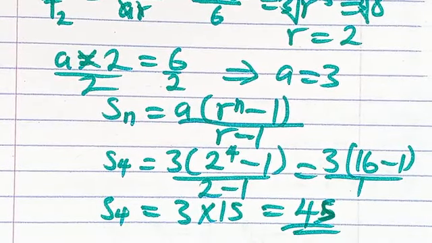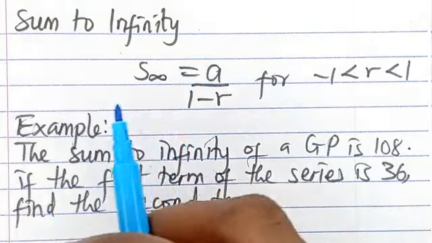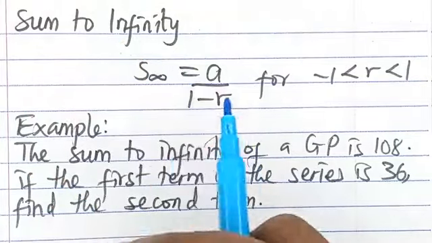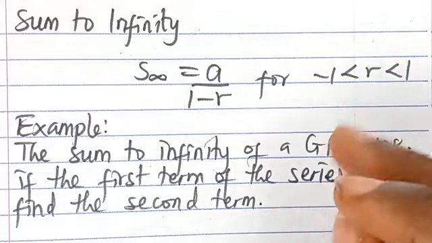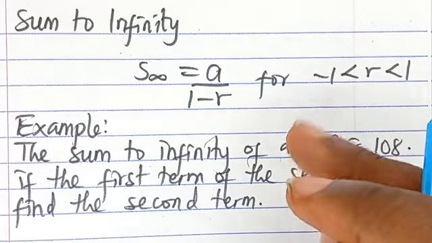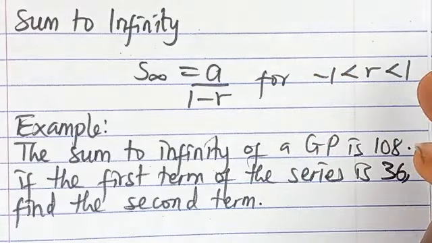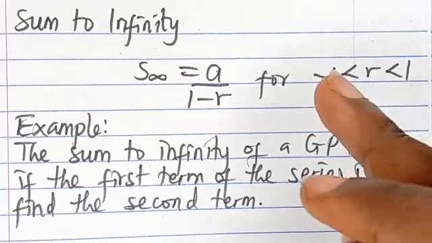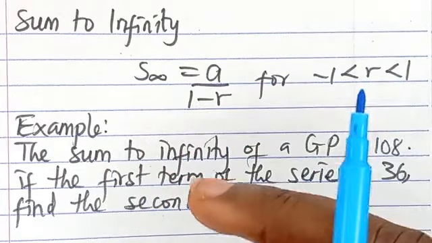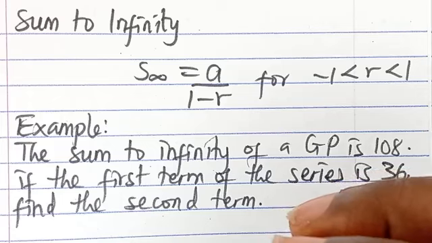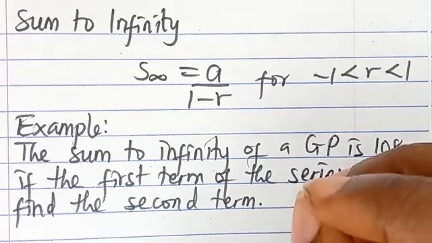I hope you got that. That's very good. To conclude this, we have to look at this part of the GP, sum to infinity. We usually have sum to infinity when R is between the values of -1 and 1, that is, when the common ratio is a fraction.